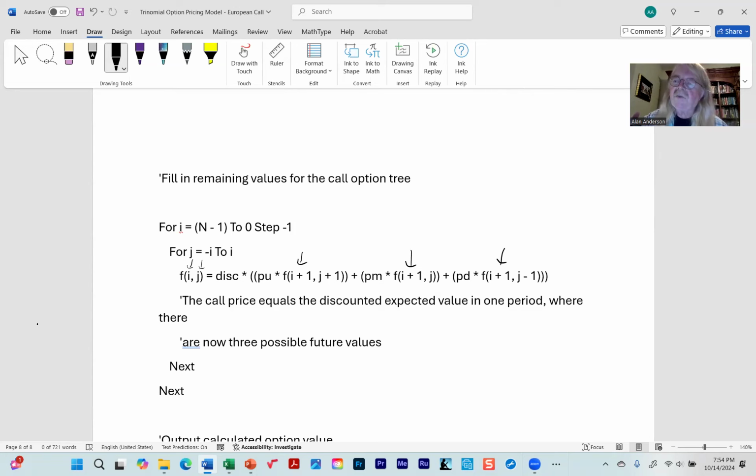And then the J's will have to be J plus one, meaning you went up further, J itself, which means you stayed where you were, J minus one, which means you went down. Of course, the corresponding probabilities are PU, PM, and PD. And so this is how we fill in the rest.